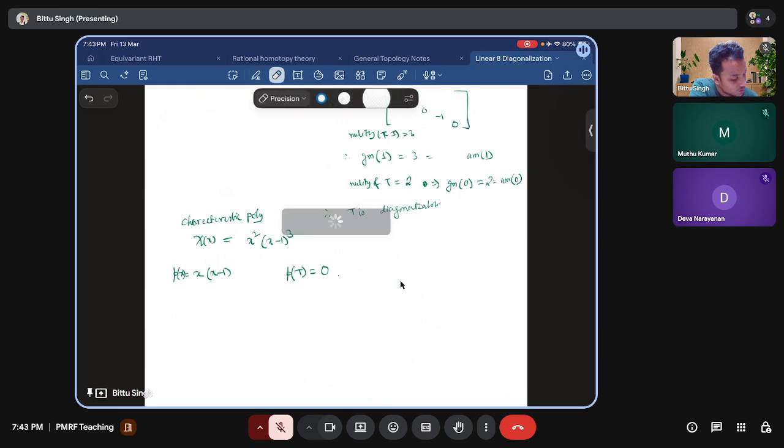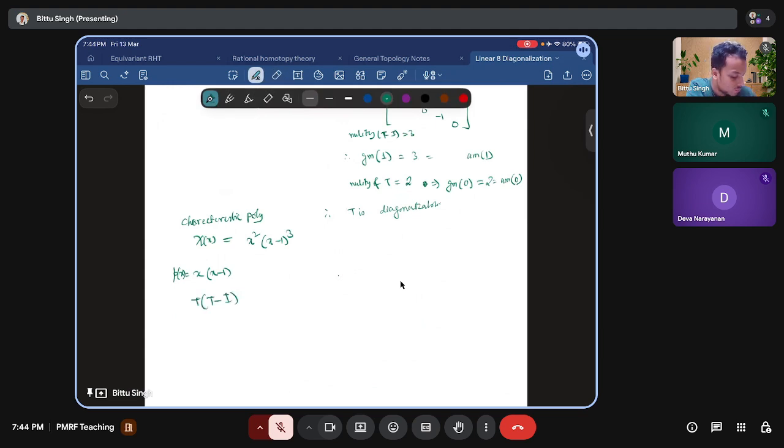So p of T is actually 0 because T times (T minus I) equals 0. Therefore p applied on the transformation is 0.